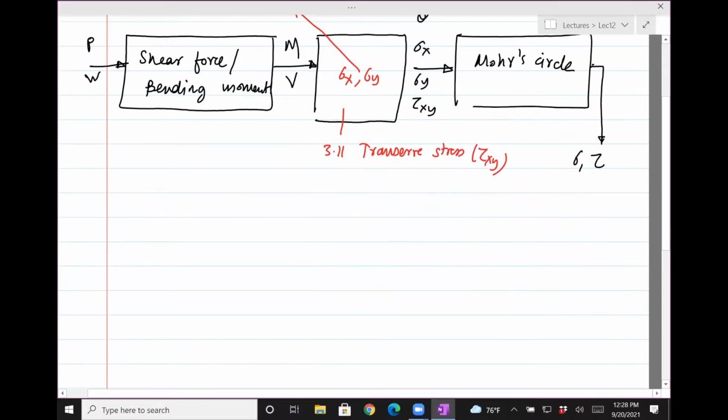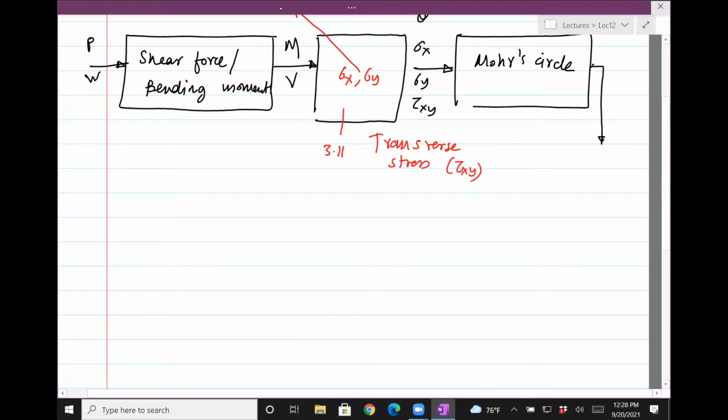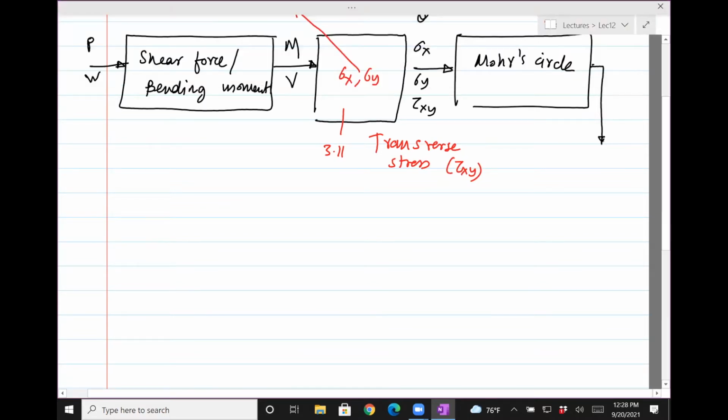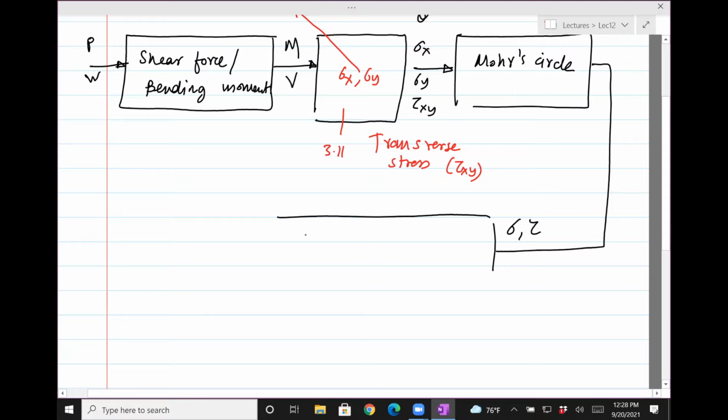And if you want to know more about this, this is where you apply transverse stress. Okay, so maybe I should just complete this. So this goes in, gives me sigma, tau, and this is where our failure theories sit.